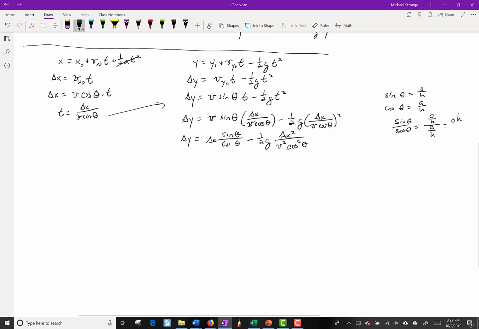So on top you get opposite hypotenuse, and on the inside you get adjacent hypotenuse. Those cancel. So sine over cosine is opposite over adjacent, which is tangent theta. So now we can do delta y is going to be delta x tangent theta minus 1/2 g delta x squared over v squared cosine squared theta.